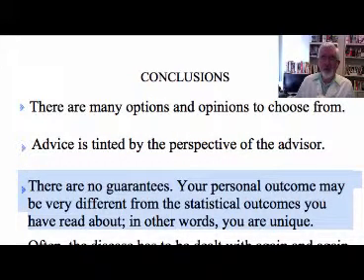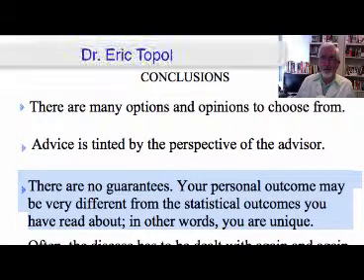The next point: there are no guarantees. Your personal outcome may be very different from the statistical outcome you have read about. In other words, you are unique. So you have to be very careful.